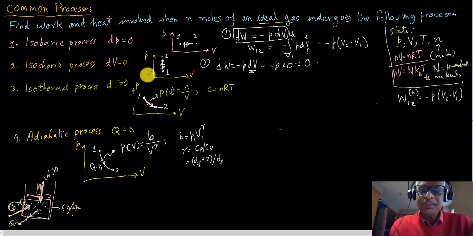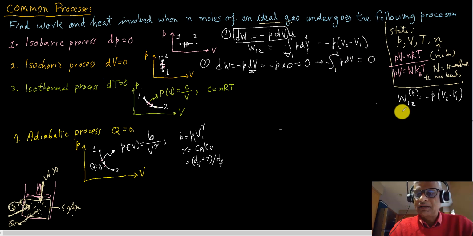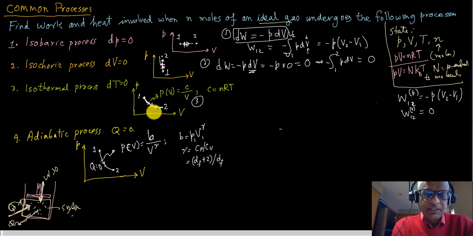So even if P is changing, when I integrate P dV from 1 to 2, it will be 0. So W12 for constant volume is 0. Now for the isothermal case, in a small step P is a function of V. So dW is equal to minus C over V dV, where C is a defined constant.